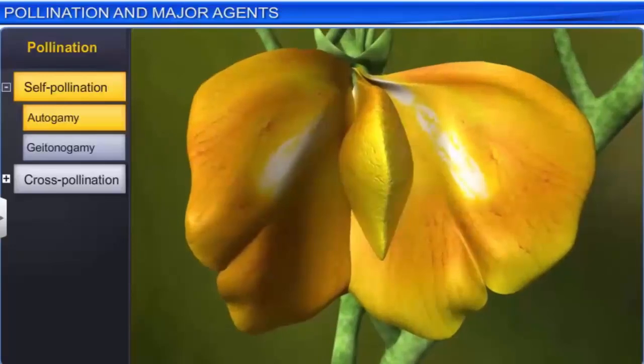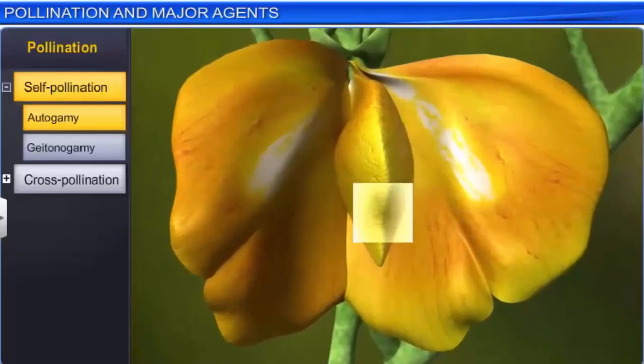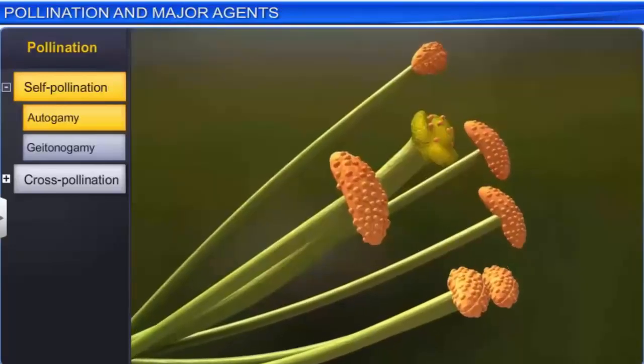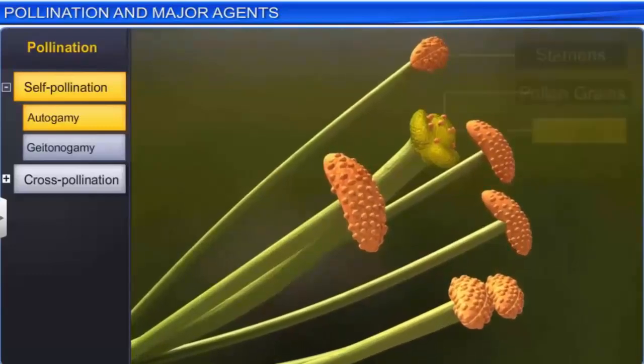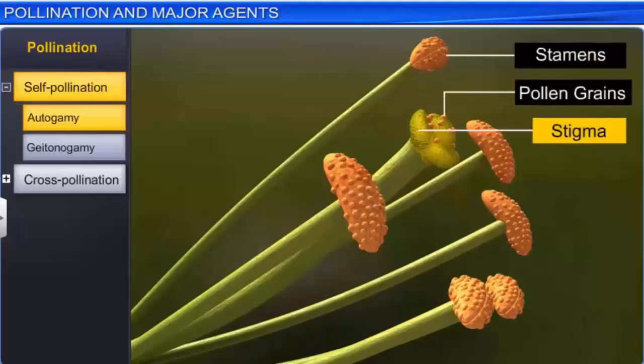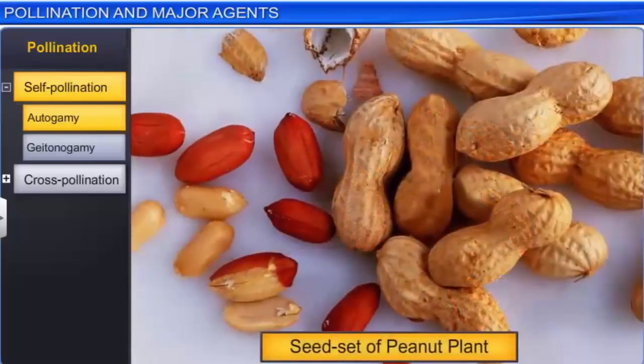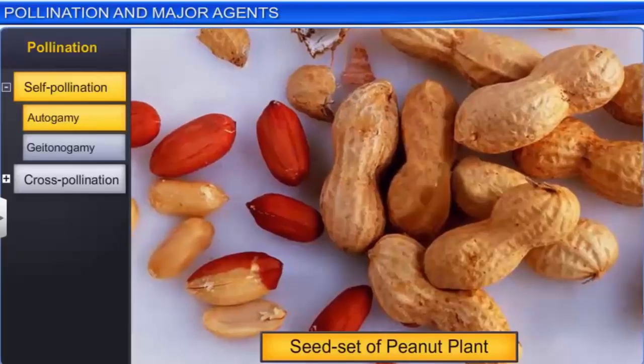The anthers and stigma of these flowers lie very close to each other. When anthers dehisce, pollen grains get deposited on the stigma, which ensures the production of seed sets even in the absence of pollinators.